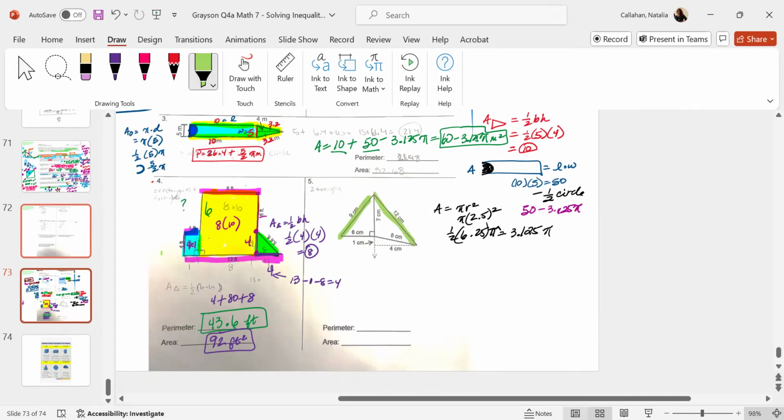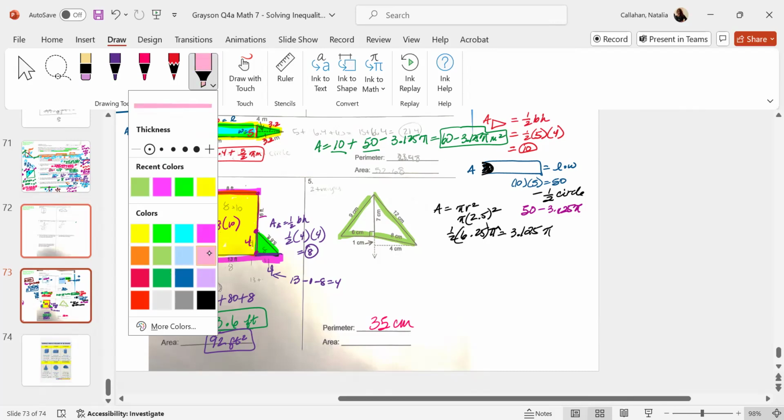9, 12, 8, 6. Figure out what your perimeter is. Find the area.